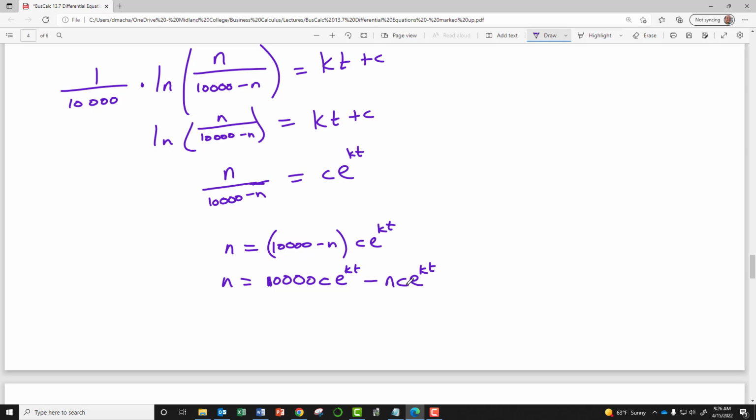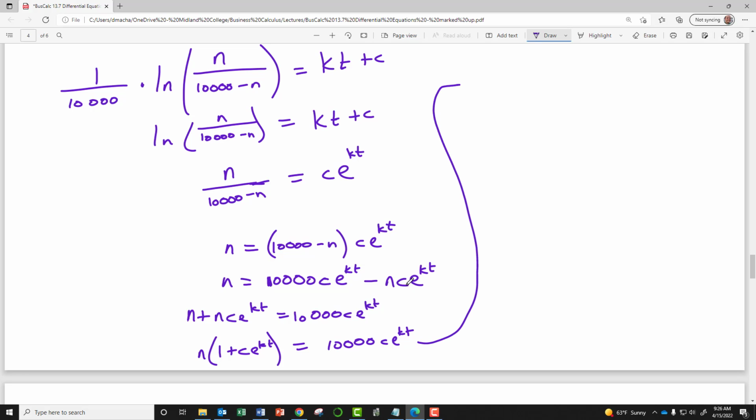Now, what I'll do is I'm going to add nce to the kt to both sides. So this is n plus nce to the kt equals 10,000 ce to the kt. On the left side now I'll factor out the n, and I get n times 1 plus ce to the kt is equal to 10,000 ce to the kt.